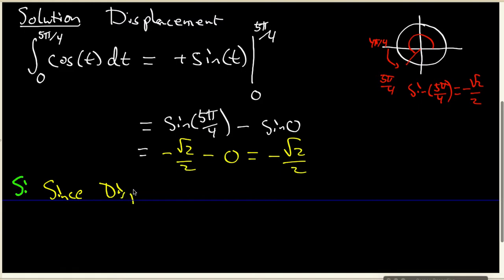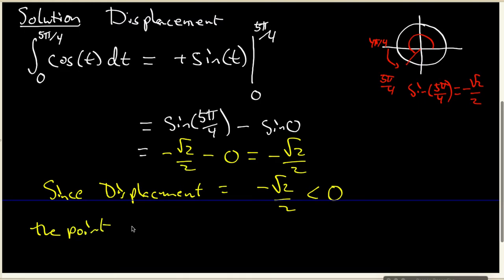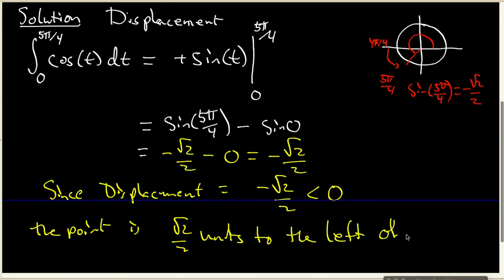Since the displacement is equal to minus the square root of 2 over 2, which is smaller than 0, the point is square root of 2 over 2 units to the left of where it was at t equals 0. And this is an indication of the kind of writing that you ought to be doing when you are answering a question like, is the point to the right or left of where it was?